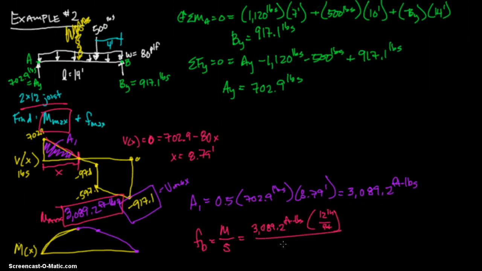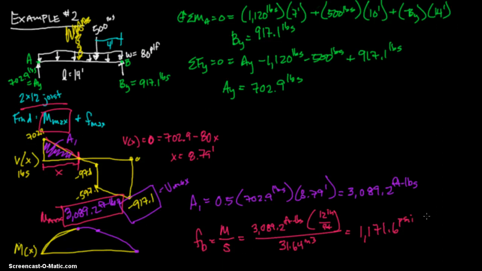We said 2x12, 31.64 inches cubed, and we come out with 3089.2 times 12 divided by 31.64 equals 1171.6 PSI. And let's go ahead and check that.